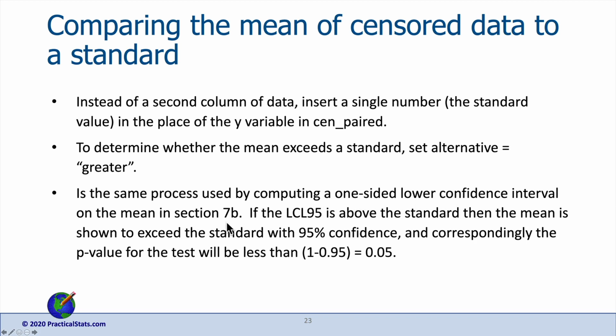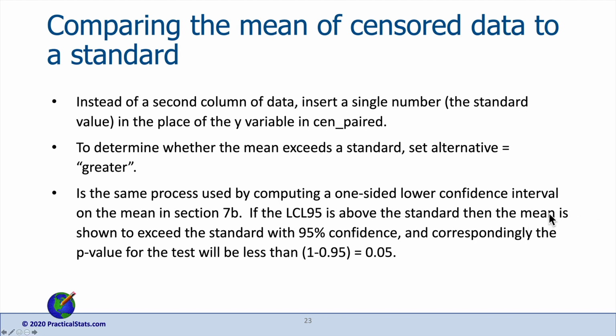This section 7b refers to the section in our Nondetects and data analysis class. But the idea here is that you're computing an LCL, and if you compute an LCL 95 and that value is above the standard, then you've shown in a statistical sense that the mean is above the standard.